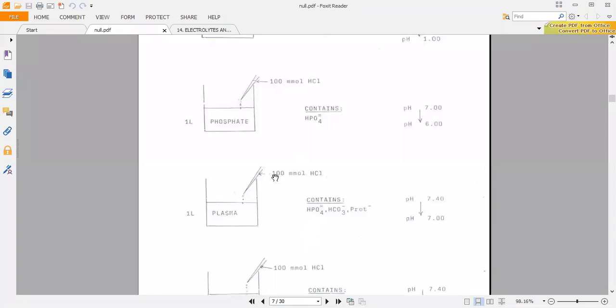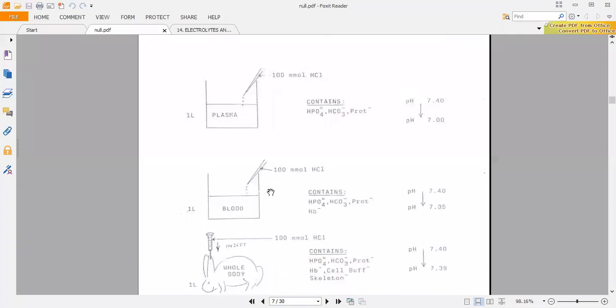If I add this 100 millimoles to it, the pH will only change slightly to 7.0, because the buffer systems will absorb the H plus ions, such that only few H plus ions will be left to cause that change of pH. Okay, good. We can even go a bit further.